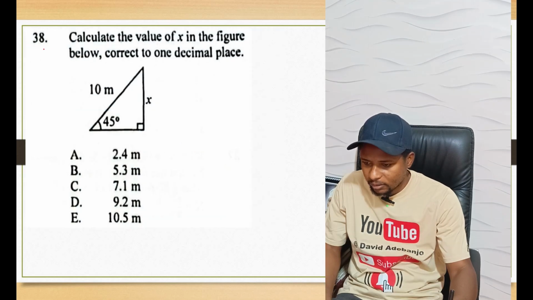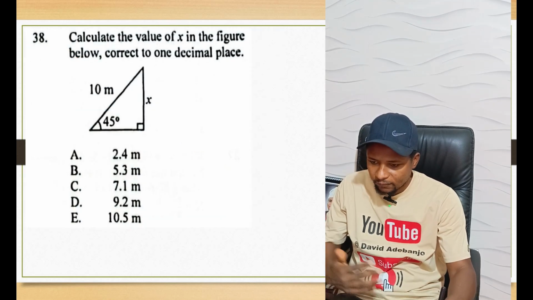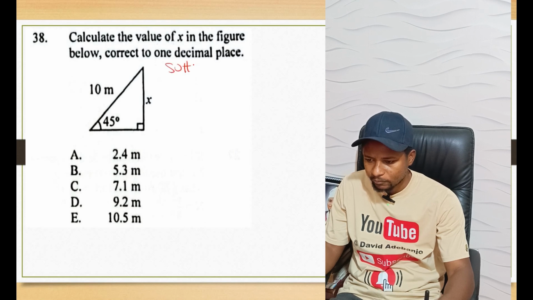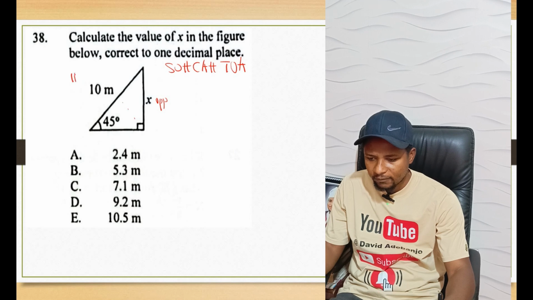Number 38, calculate the value of x in the figure below, correct to 1 decimal place. So if you look at this, it's still the basic trigonometry using SOHCAHTOA. And if you check what they gave us, the opposite, which is the unknown. We have the hypotenuse, the side facing 90 degrees.